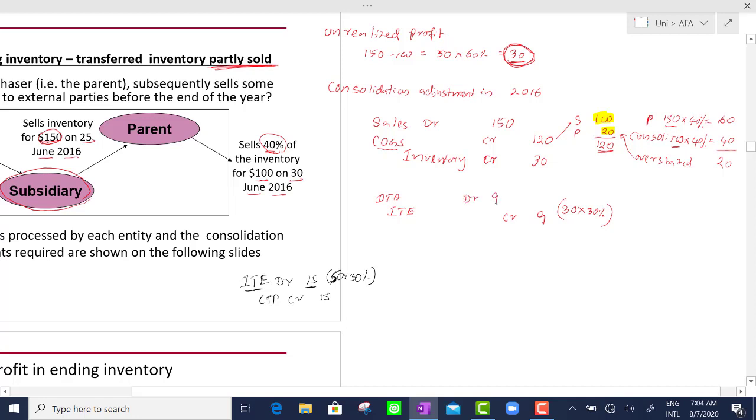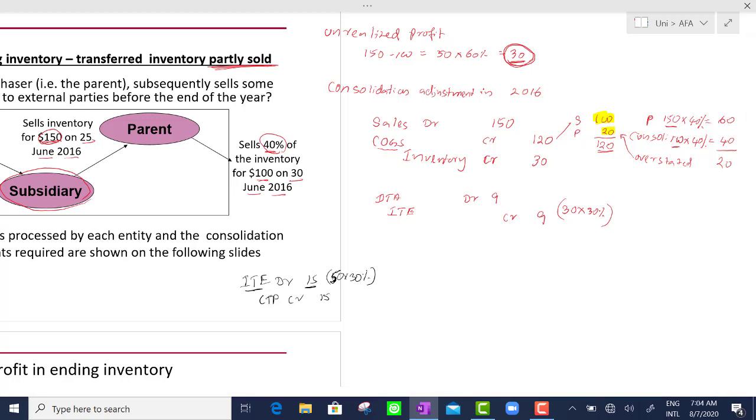The reason is, now see, inventory is credited by 30. When the inventory account is credited by 30, the carrying amount is decreased. When the carrying amount is decreased, the tax base remains at the same level.